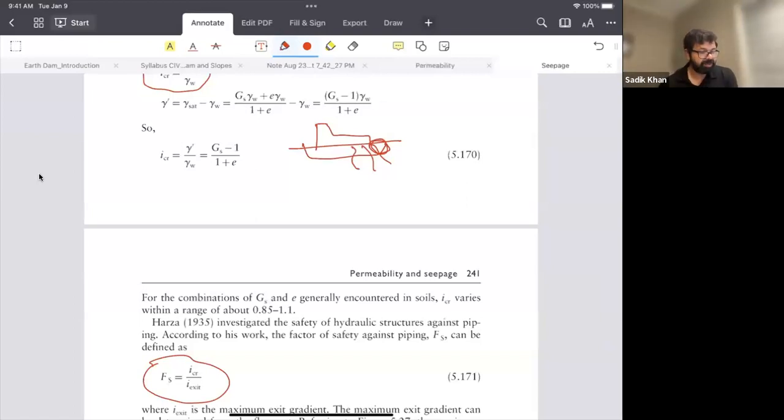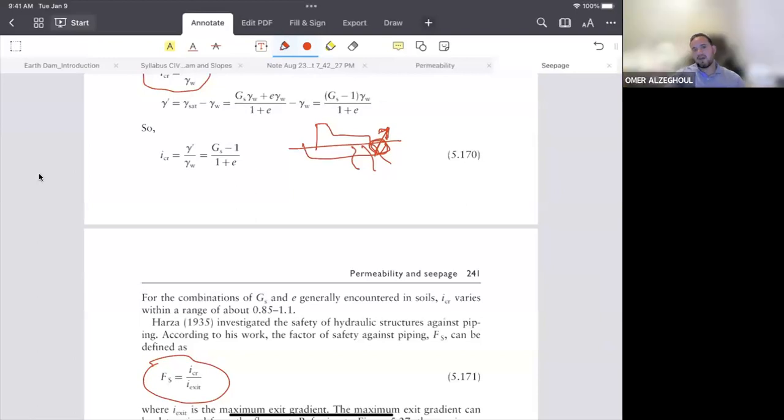In terms of that, what happens is your earth pressure is coming out, right? So you always have a pressure coming out. If you have a pressure coming out, then what happens? You will have erosion.